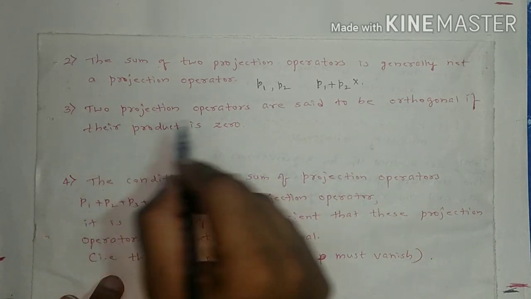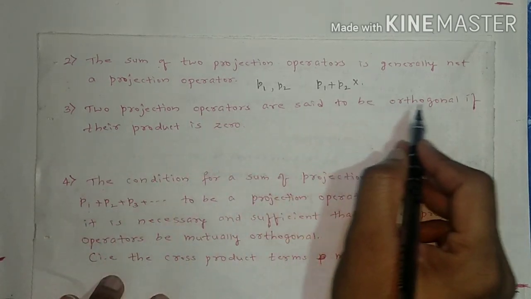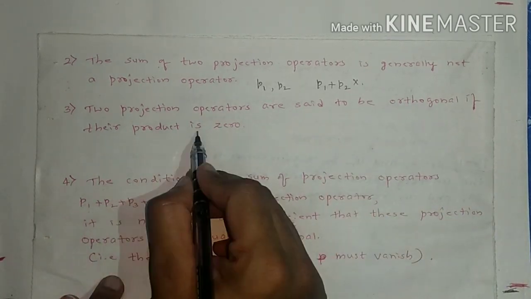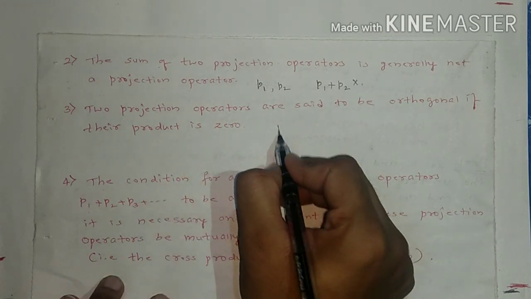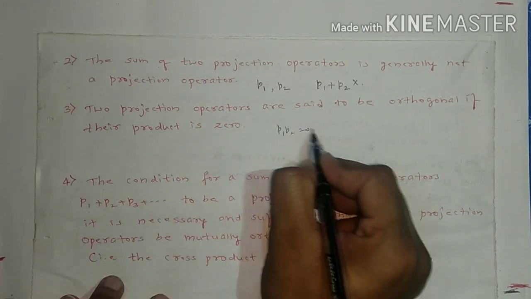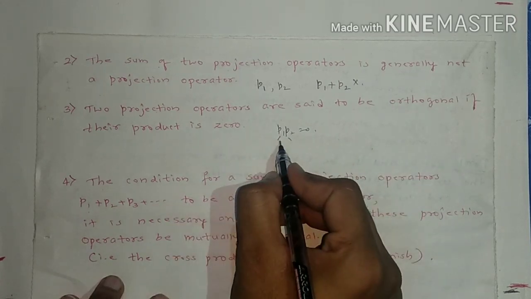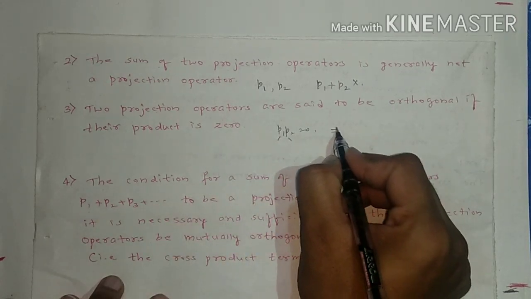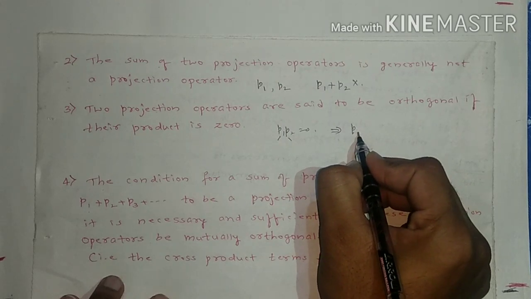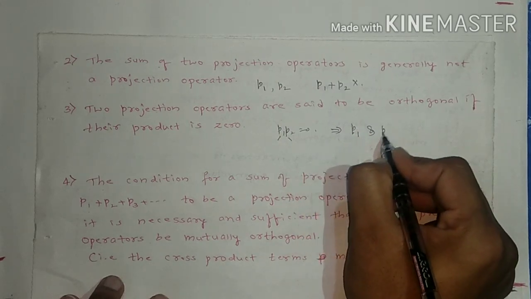The third is, two projection operators are said to be orthogonal if their product is 0. If their product P1 P2 is equal to 0, then P1 and P2 are orthogonal projection operators.